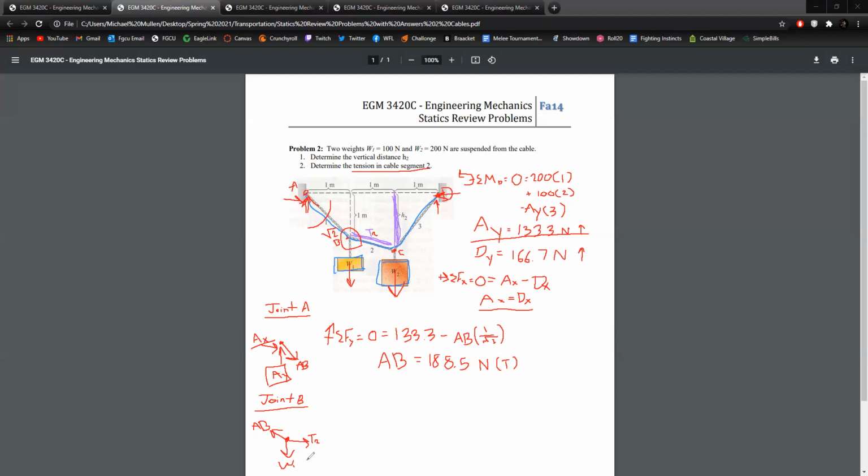Now we could do this with ratios if we knew H2. We don't know H2, so we don't know the vertical distance for T2. So we have to find another way to do this.